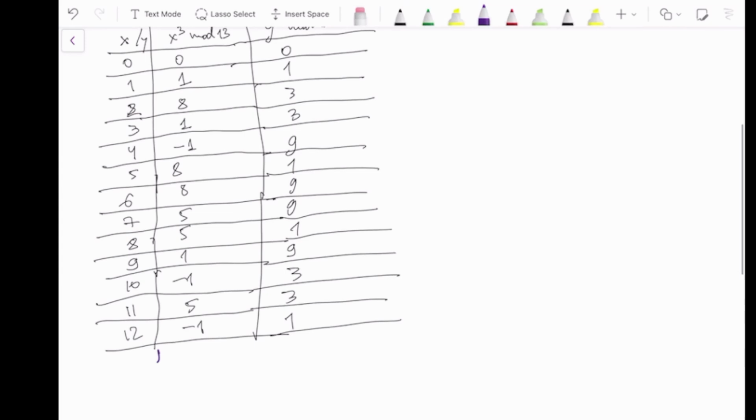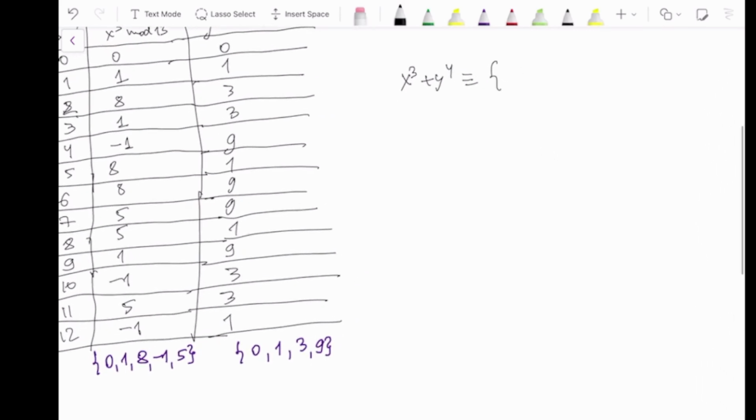So the first set consists of 0, 1, 8, minus 1, 5. The second set consists of 0, 1, 3, 9. Which means that x cubed plus y to the fourth will give the following set, which is basically all the pairs of these sums.